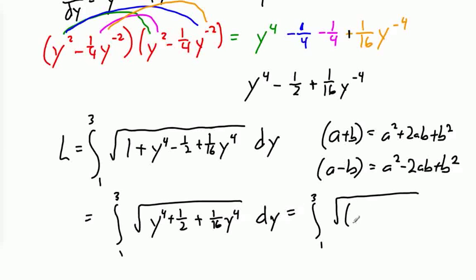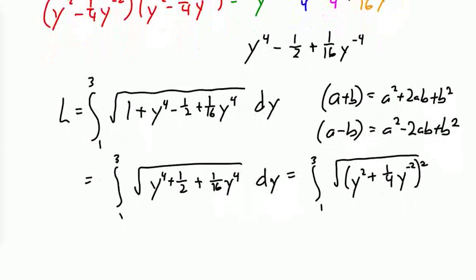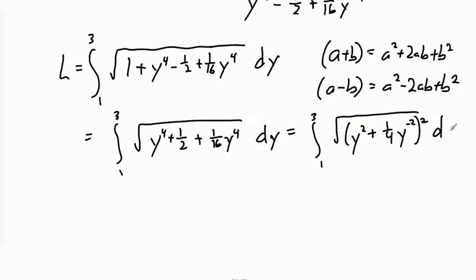It's going to be y squared plus 1/4 y to the negative 2, squared, dy. Then this reduces with the square root, and you end up with the integral from 1 to 3 of y squared plus 1/4 y to the negative 2 dy.